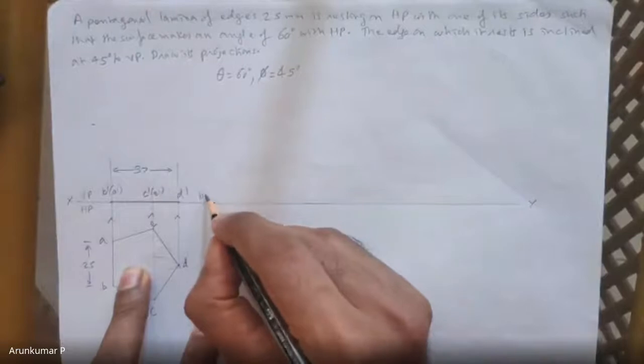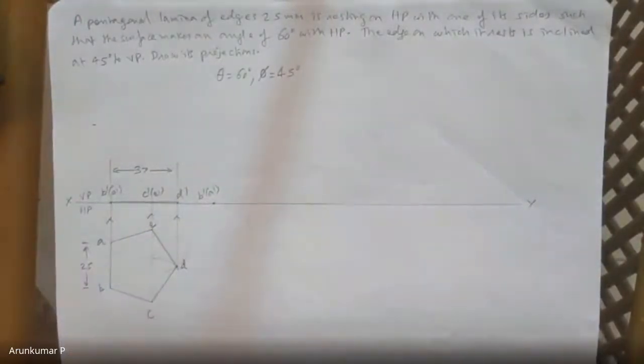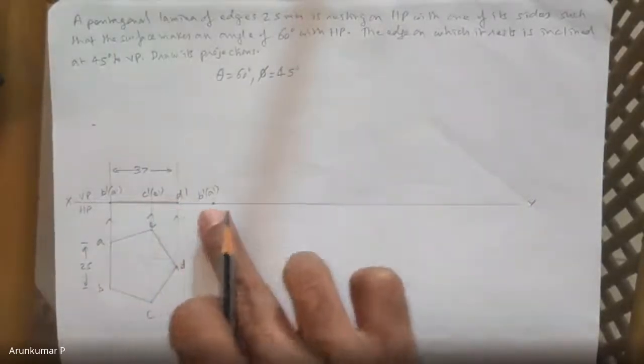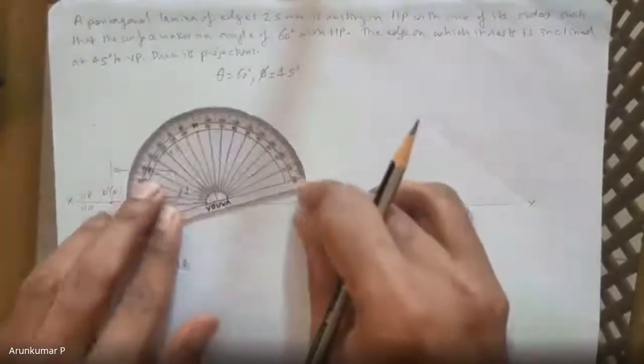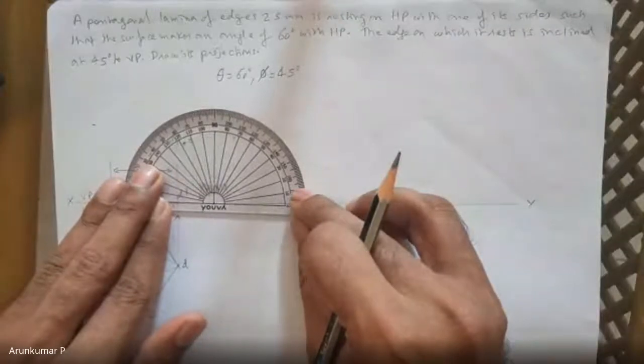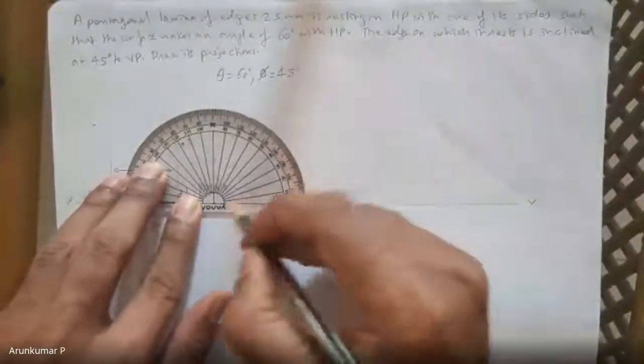Place B dash A dash on XY line because AB is on HP, and then redraw this 37 mm line at 60 degrees. That will take care of your theta. So mark 60 degrees with the protractor, keeping this point as reference, B dash A dash on XY line.